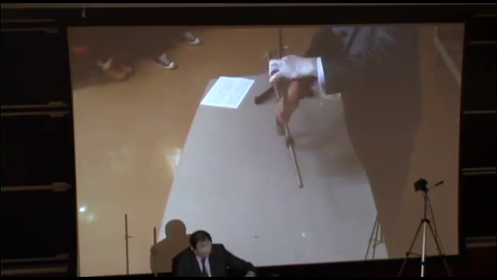It's like fishing. Okay. See? That's the force with the weight. That's the force without weight.